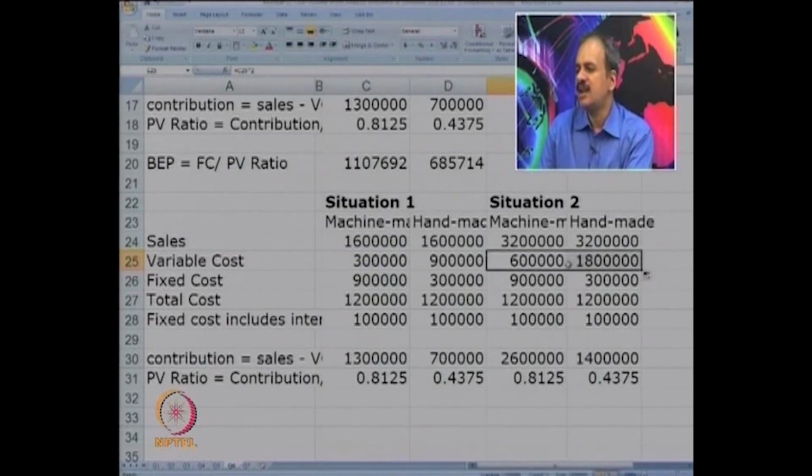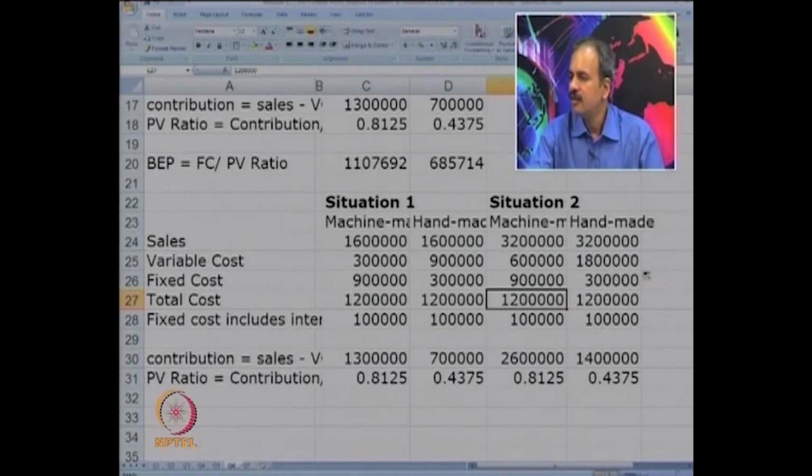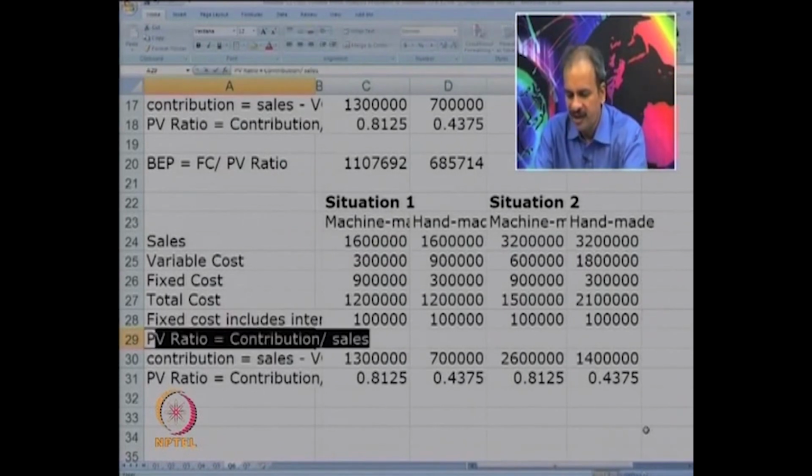So variable costs are now 6 and 18. What will be the new fixed costs? Will they also double? No, because fixed costs never change irrespective of the level of activity. So the total costs now become 15 lakhs and 21 lakhs. They have an interest component of 1 lakh, but that does not matter. So what will be the profit now?